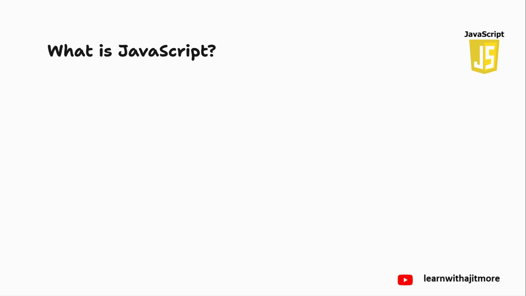Many of you are already from a computer background, so it will be quite easy to understand. As I said, it is high level, interpreted, multi paradigm, general purpose, dynamically typed, and loosely typed.